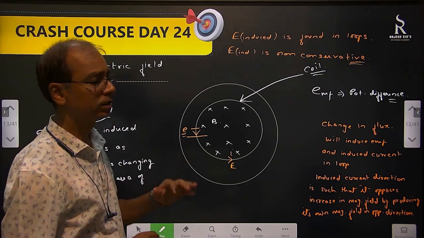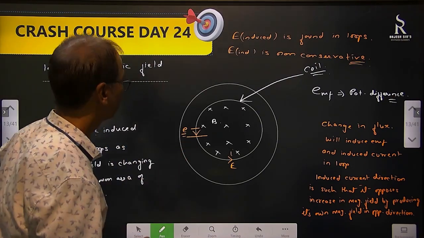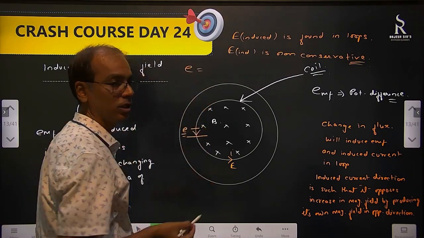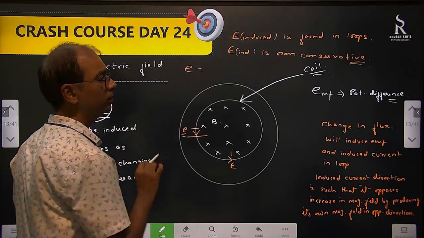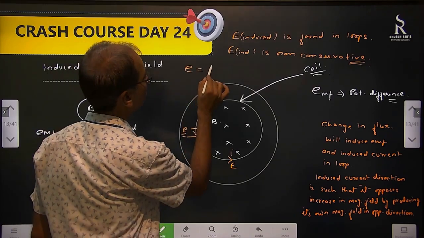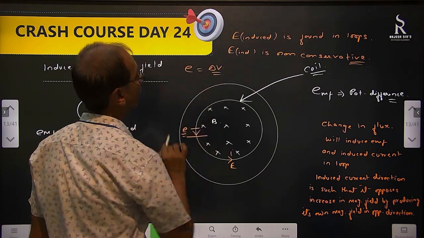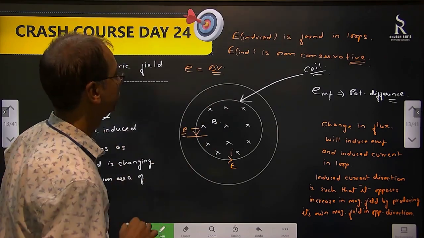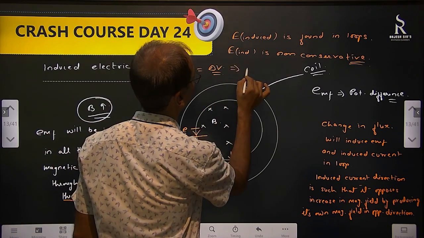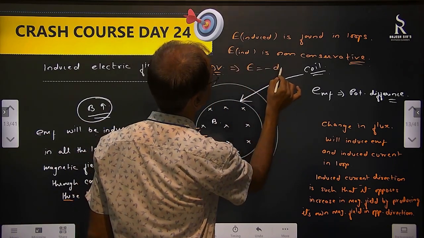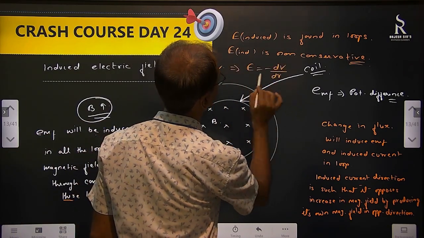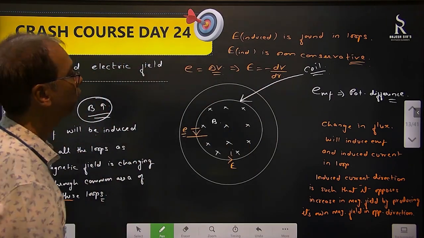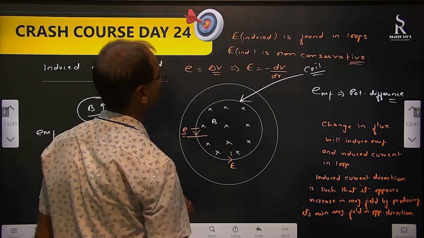Now we want to find its value. How to find it? We know that EMF is potential difference, that's delta V. And the relation between delta V and electric field we know from electrostatics: electric field is minus dV by dr. So this dV is actually this EMF.